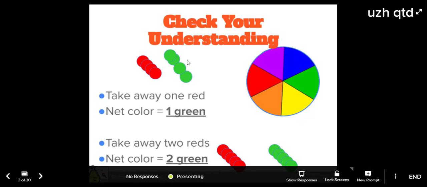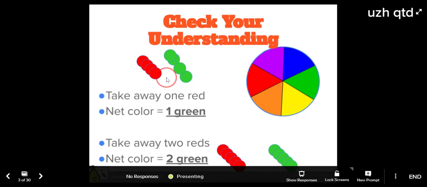All right, in this instance, sorry about how this looks, it's kind of ugly. I have 1, 2, 3, 4 red and 1, 2, 3, 4 green. What happens if I take away one of the red dots?